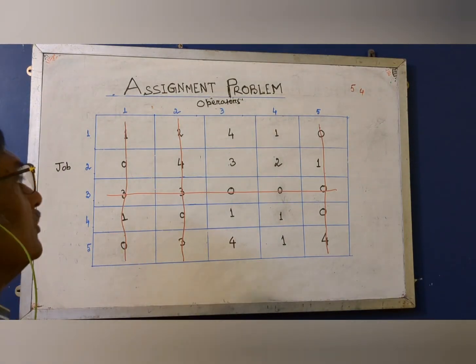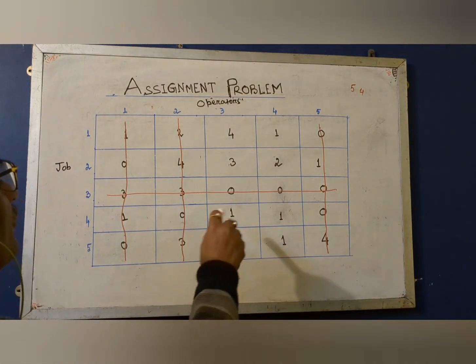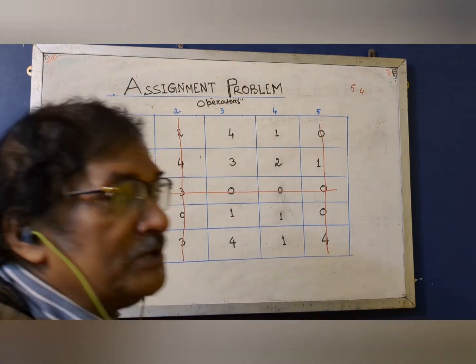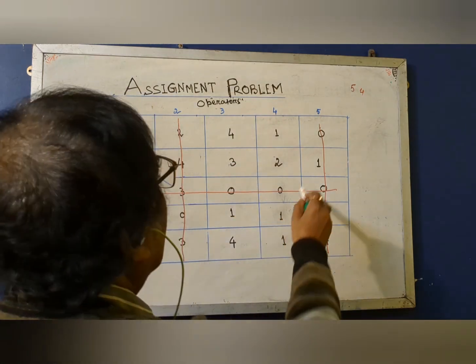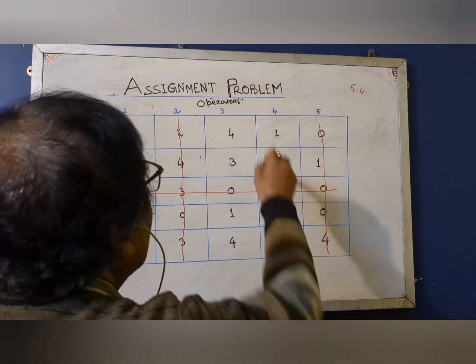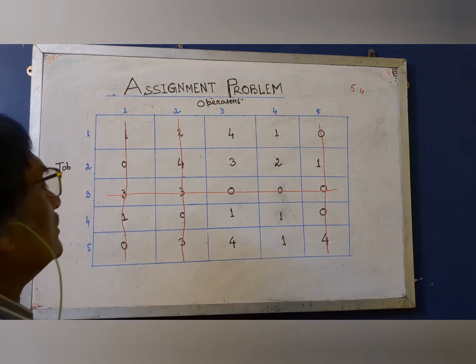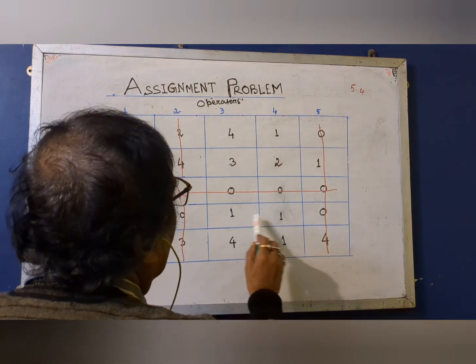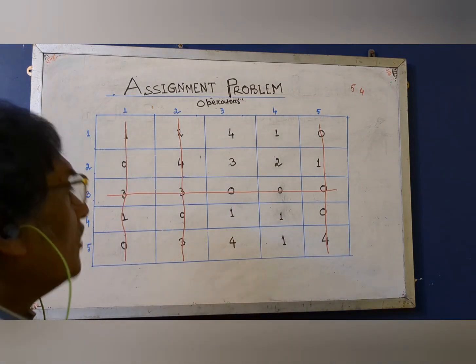The next step will be, you find out the lowest element from the elements which have not been covered, that means which have not been touched. From the remaining elements, you find out the lowest one, that means out of 4, 1, 3, 2, 1, 1, the lowest is 1.